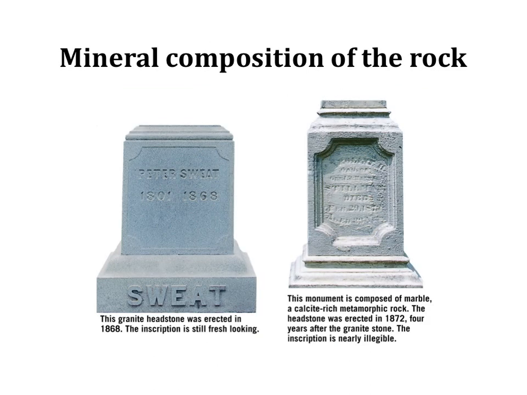So that was climate. What about mineral composition? Well, we've already seen that certain minerals will weather away by certain reactions. So, for instance, we've got 2 headstones here. This one is made out of granite, and this one is made out of marble, which is like limestone. It's a calcite-rich rock. Calcite was one of those minerals that would dissolve.